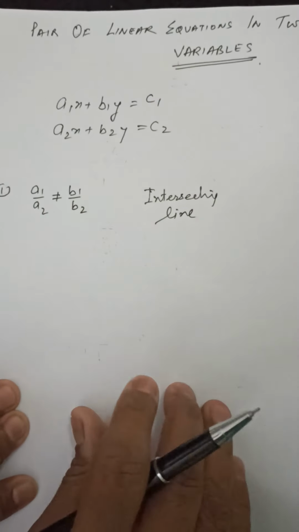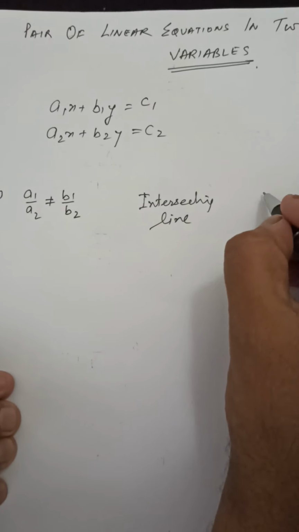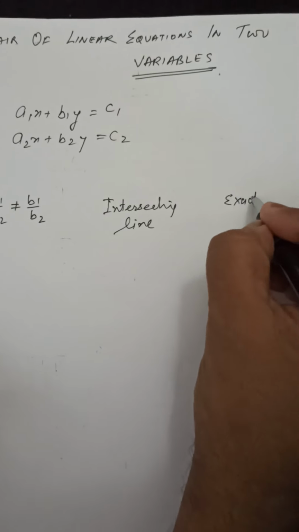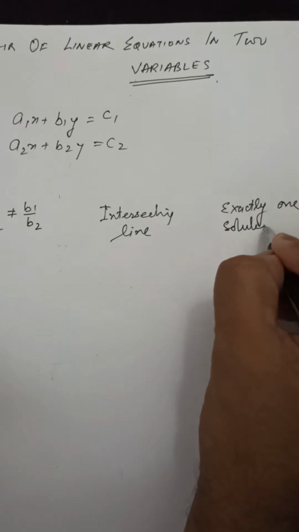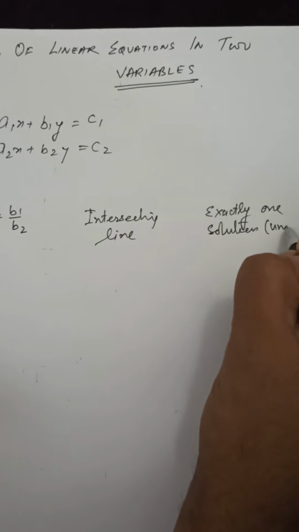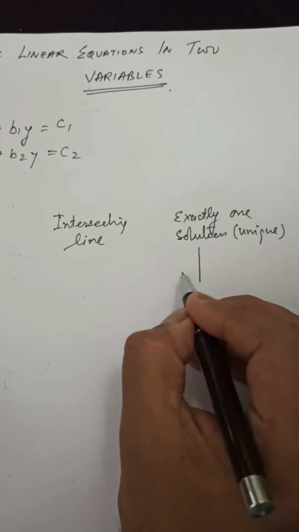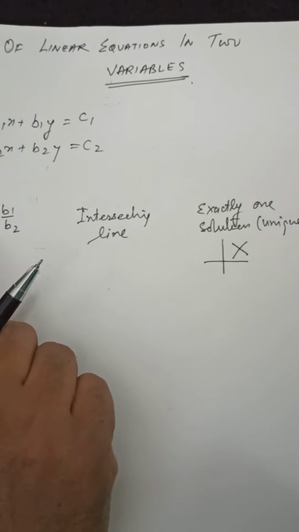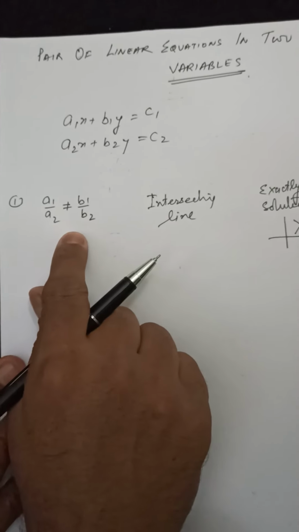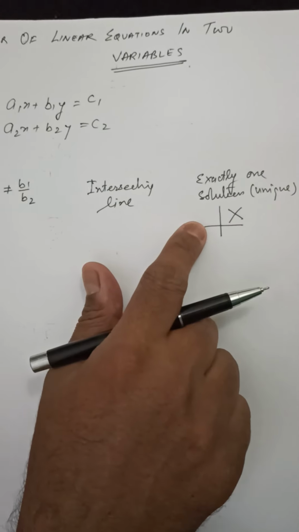And the two lines what we draw on a graph, they will be intersecting and they will have exactly one solution, or we say they have got a unique solution. If you draw its graph, the two lines will intersect somewhere like this. So a1 upon a2 is not equal to b1 upon b2 gives us intersecting lines, exactly one solution.